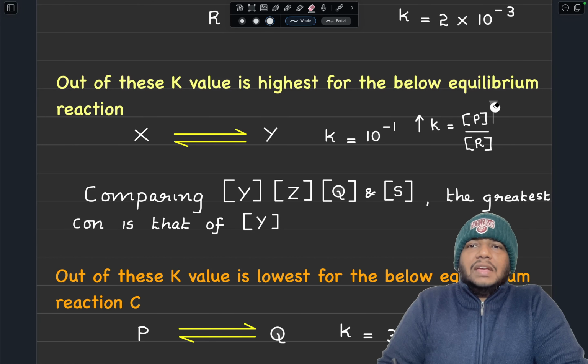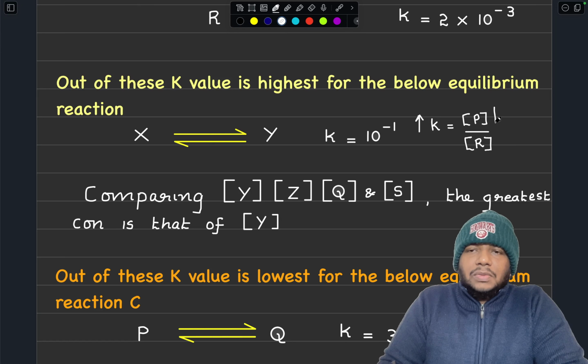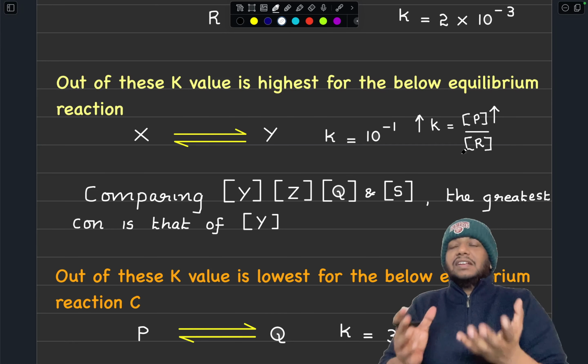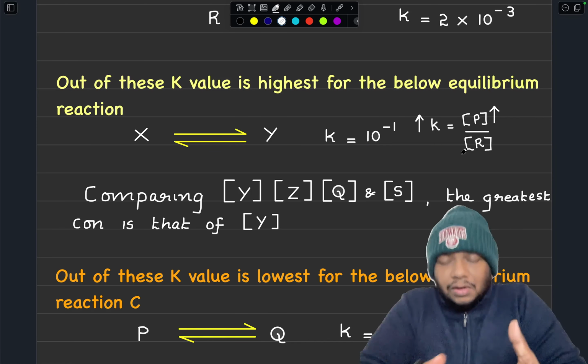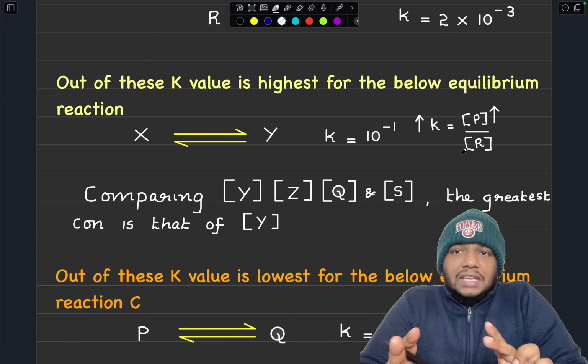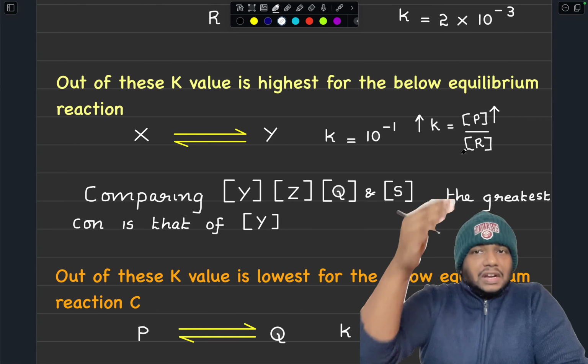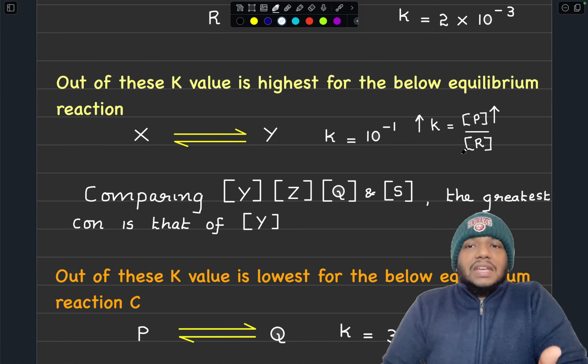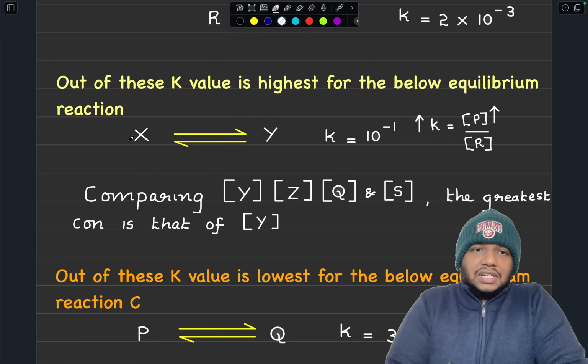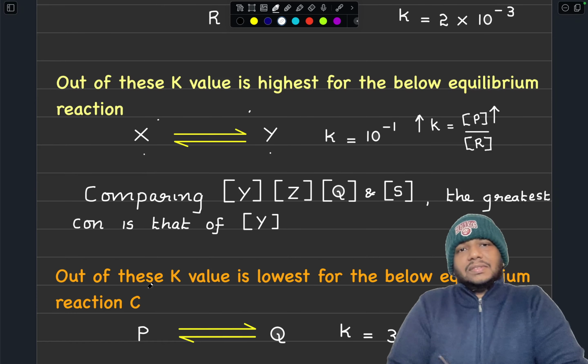Because if K should have a higher value, this is possible only if the product concentration has a higher value. We know that the concentration of the reactants in all the cases is the same. So here the product concentration should be very high, then only we can say the K value is very high. We are also comparing the 4 and saying this. So we can say that the product concentration is higher in the reaction where X is getting converted to Y and Y is getting converted to X.